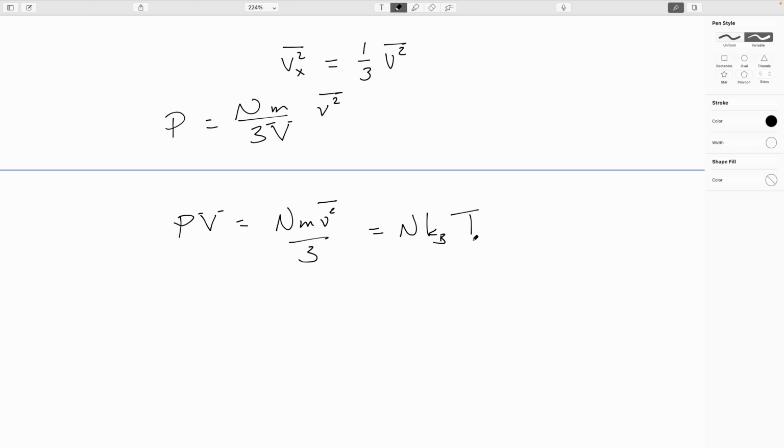And so he's made this identification, and this is why we can make this equality. So he's observing that kT is m v squared bar over 3.